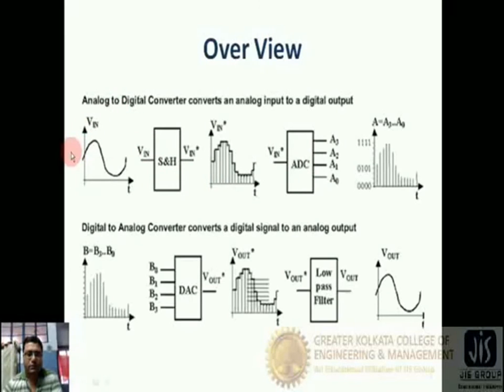The sample and hold circuit produces the sampled output of the signal, and it is quantized, and with the help of the ADC it is encoded into certain codes, and these codes are transmitted over the channel, and these binary digital data are collected at the receiver end, and we convert the digital signal to analog with the help of a digital to analog converter, and at the end a low pass filter is used to get the proper shape of the analog signal from the digital signal.